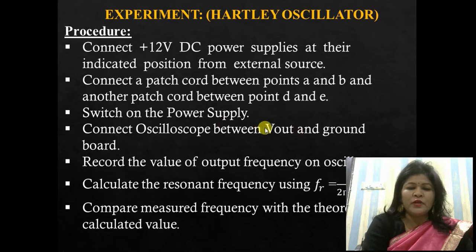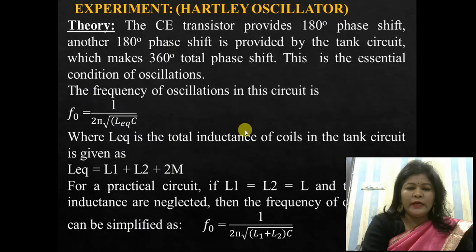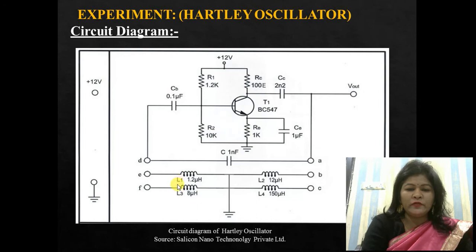According to this procedure, you can perform your experiment with the help of this analog board. And in this board, because we are considering L1 and L2, this L1 is 1.2 microhenry, and this L2 is 12 microhenry.